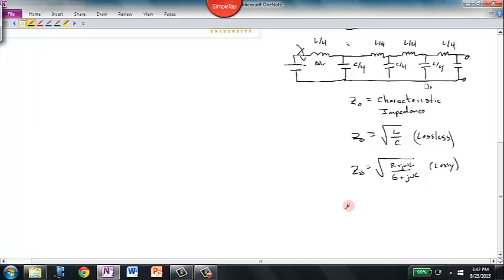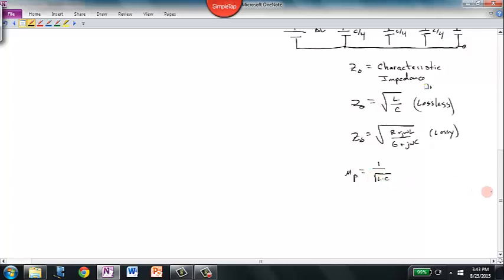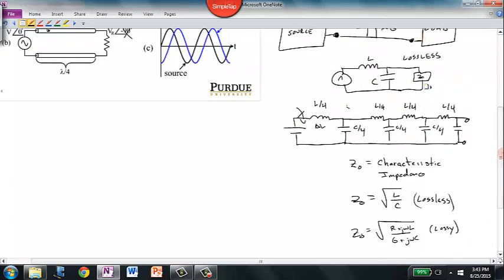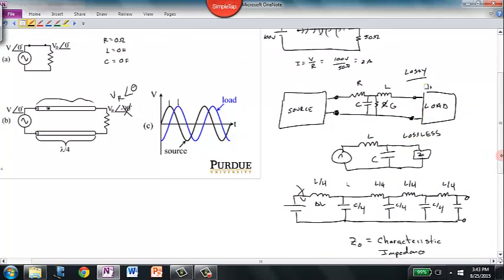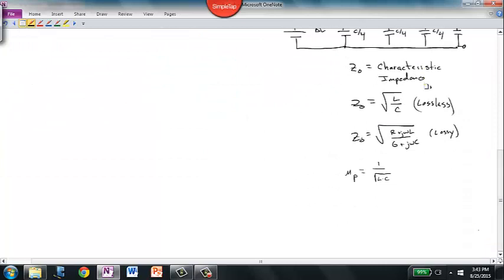The relationship there is that the propagation velocity of the wave is equal to 1 divided by the square root of the product of the inductance and the capacitance for both a lossy line and a lossless line. That holds true, whichever of these two models we happen to be using.